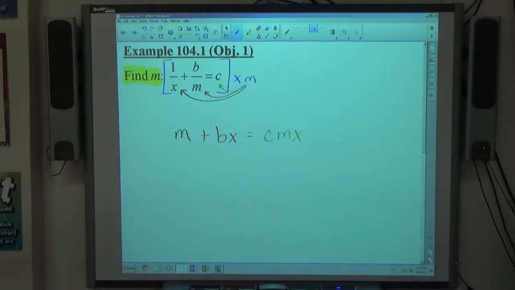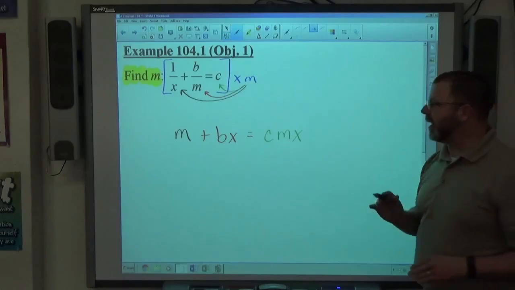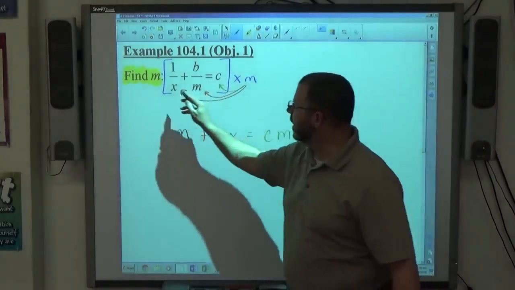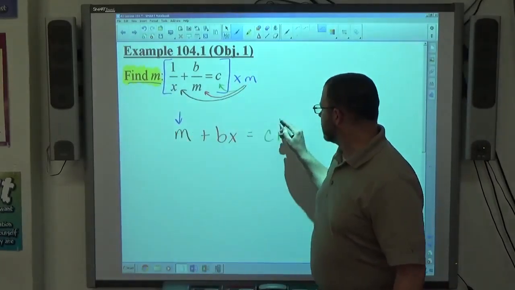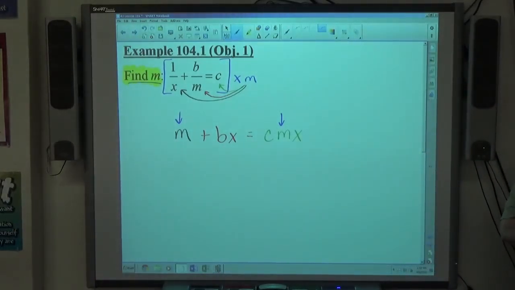All right. Once you've gotten rid of any parentheses, which there weren't any, and any fractions, there were some, now there aren't. Once you get to that point, your next task is to identify what it is you're solving for. Again, it says find m. And identify every term that contains that letter. You want to rearrange the problem so every term containing that letter goes on the same side.